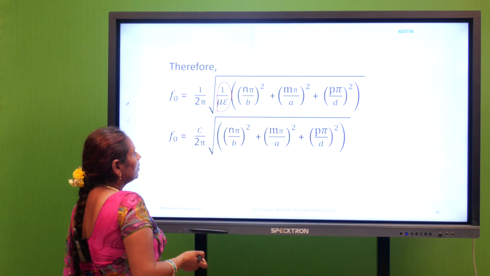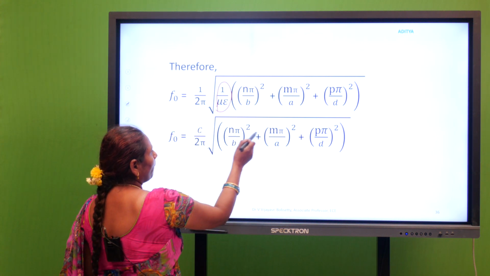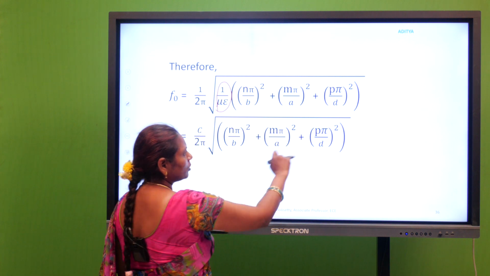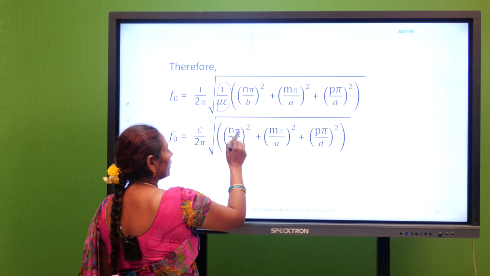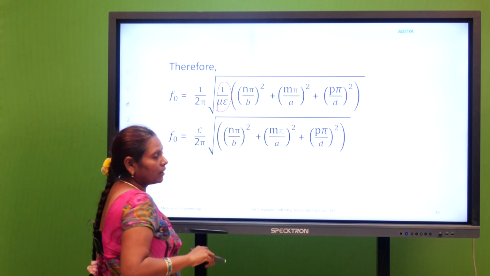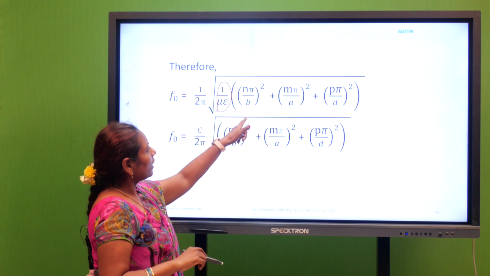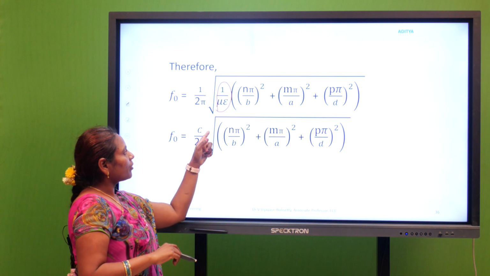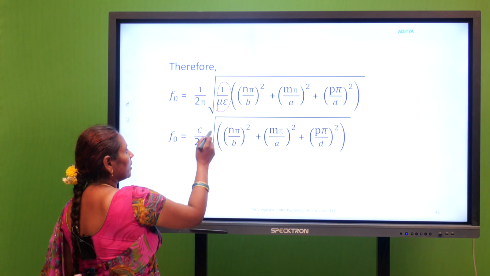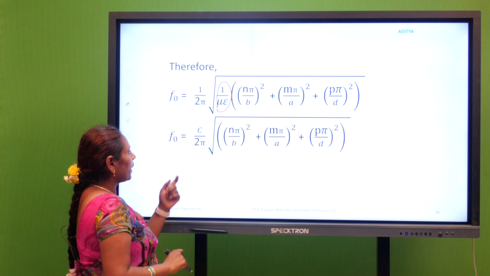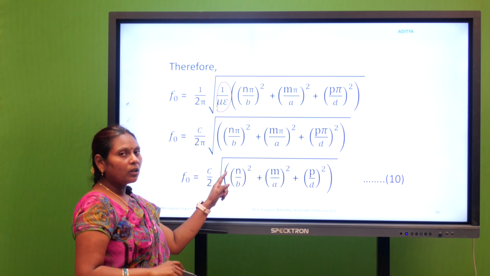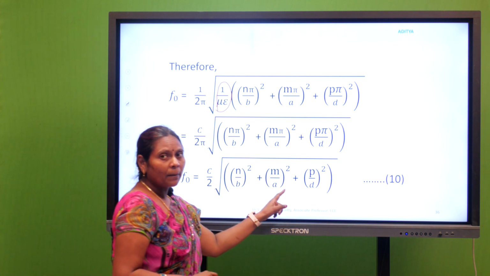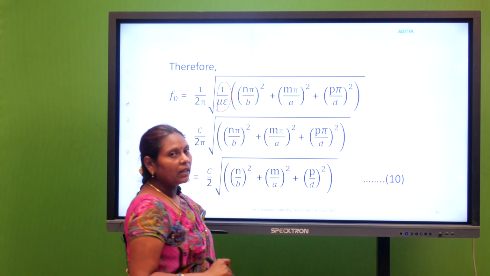Now pi is common in all three terms; taking pi square common, the square and root cancel and we get pi out of the root, and this pi cancels with the pi in the denominator. So f naught becomes c by 2 root of m by a whole square plus n by b whole square plus p by d whole square.